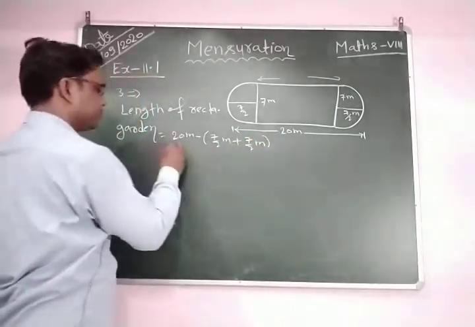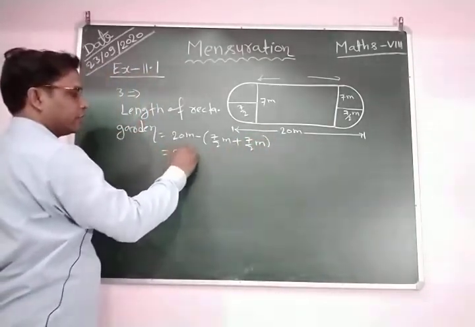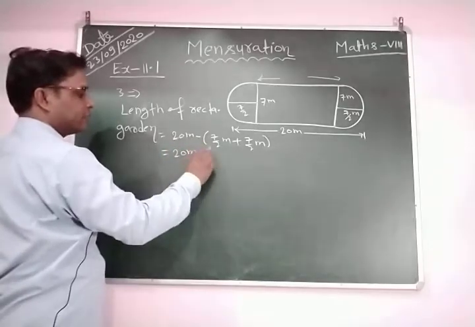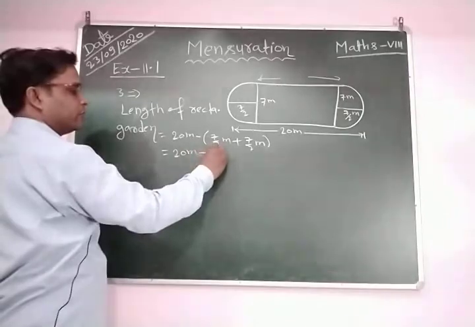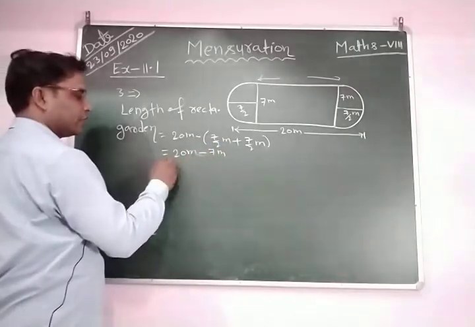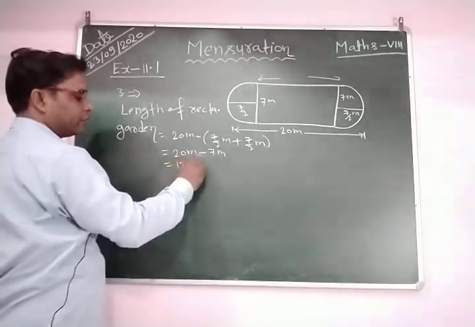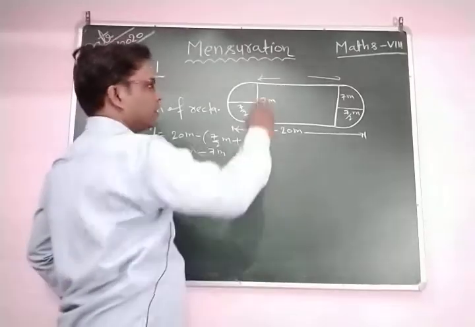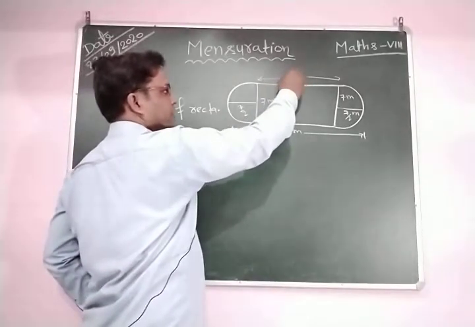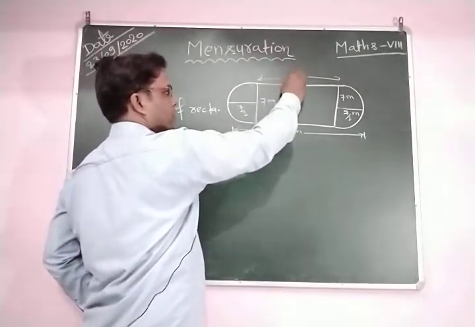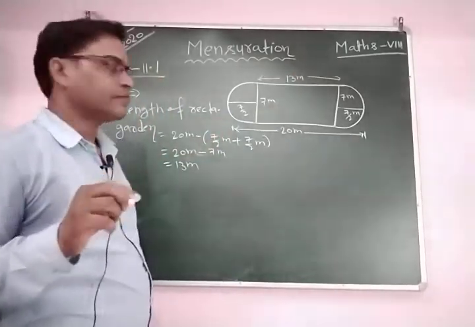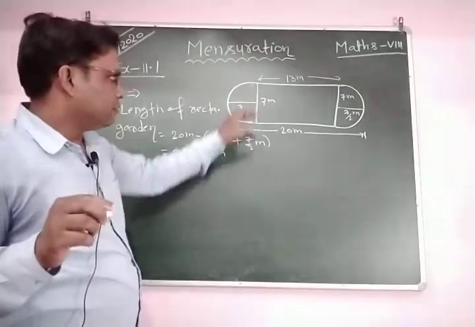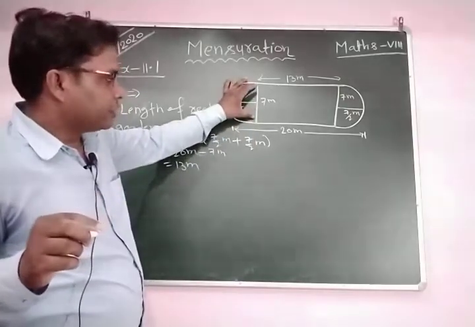This is equal to 20 meter minus 7 by 2 plus 7 by 2, which is 7 meter, so we have 13 meter. So you can see here the length of the rectangular garden is 13 meter. Clear?